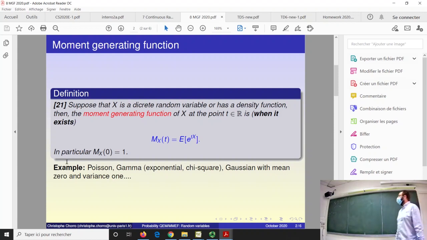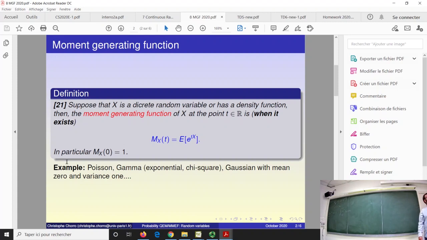And in the case where X has a density function, this expectation is none other than an integral. It's the integral from minus infinity to plus infinity of exponential t x times the density function of X. Since you have sums and integrals of positive mappings, it's not that bad when you want to compute.